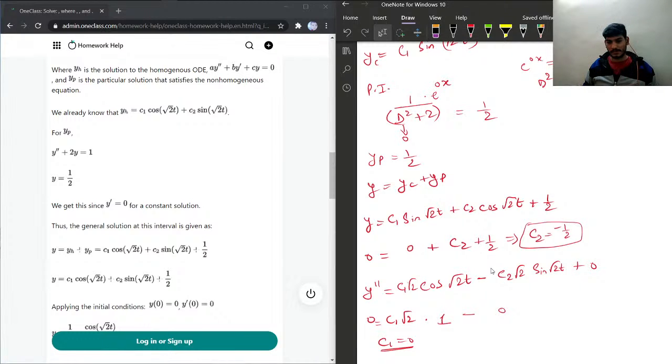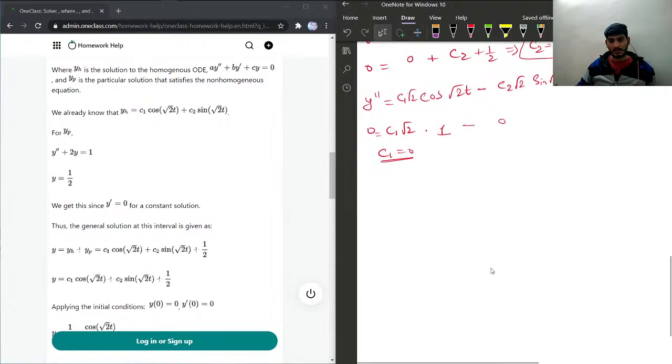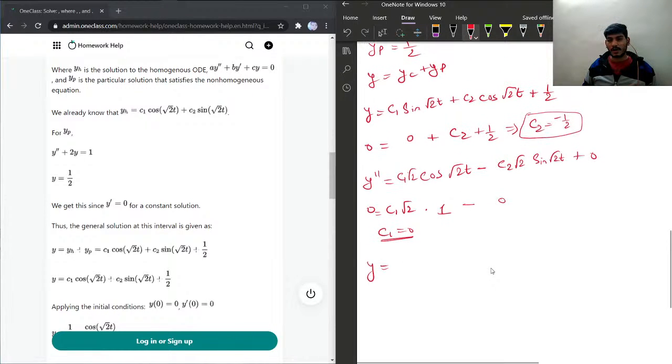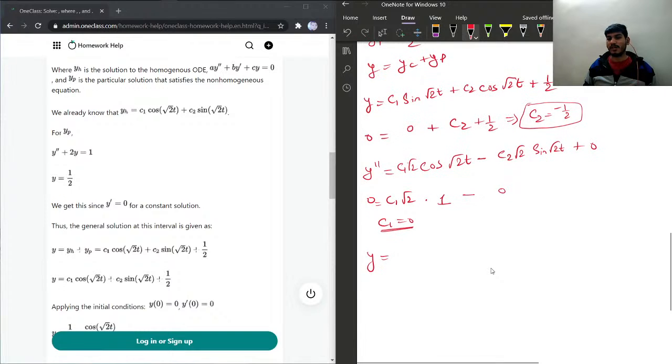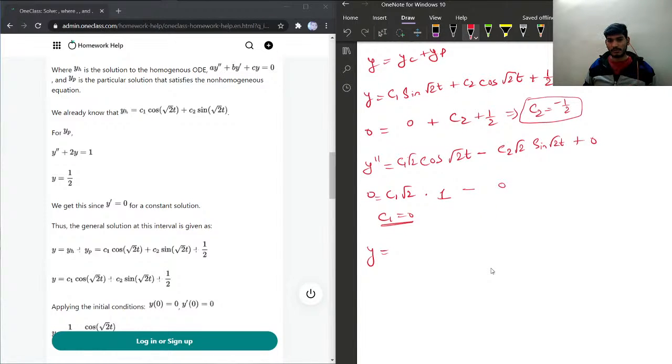Hence we get y as, c1 is 0, the sine term will be 0, so it will be negative of cosine root 2t plus 1 by 2. So this will become 1 by 2 minus 1 by 2 cosine of root 2t.